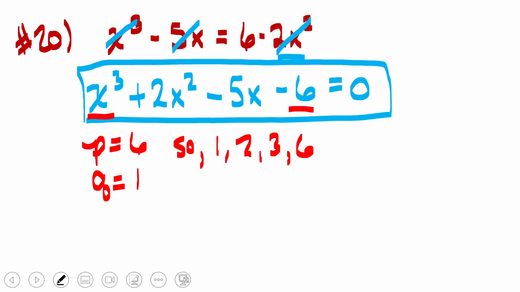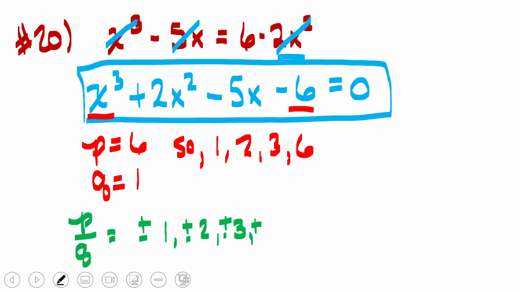And p over q now becomes positive and negative 1, positive and negative 2, positive and negative 3, positive and negative 6, because everything has a 1 in the denominator. Now these are our possible zeros. So we have 8 of them in the positive and negative.